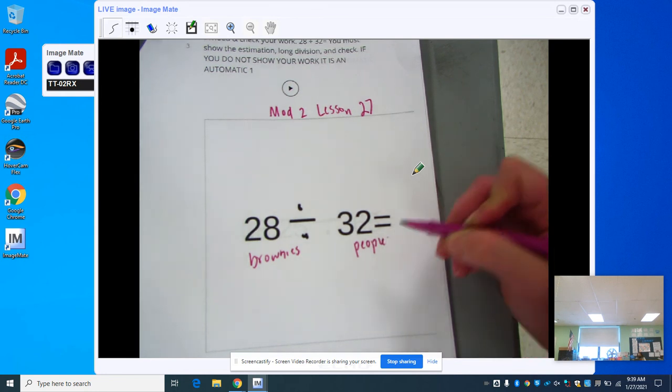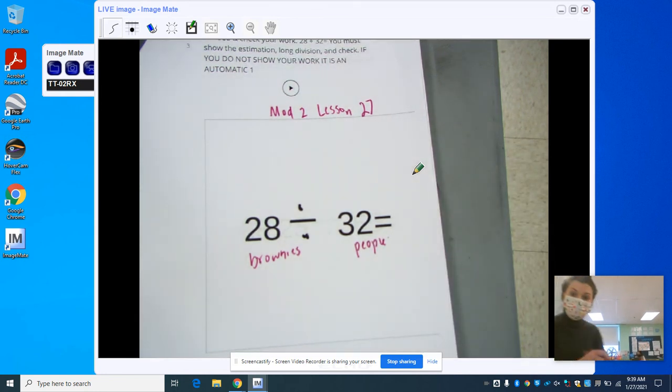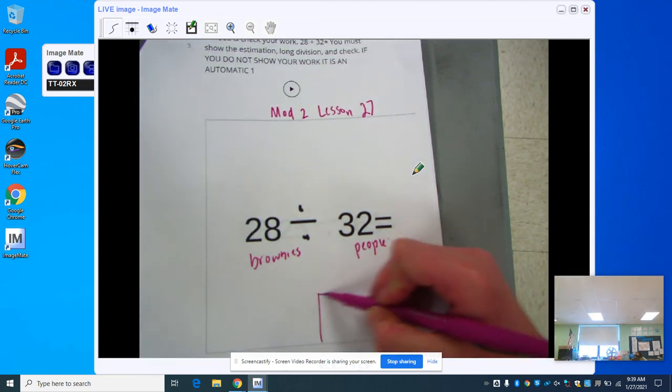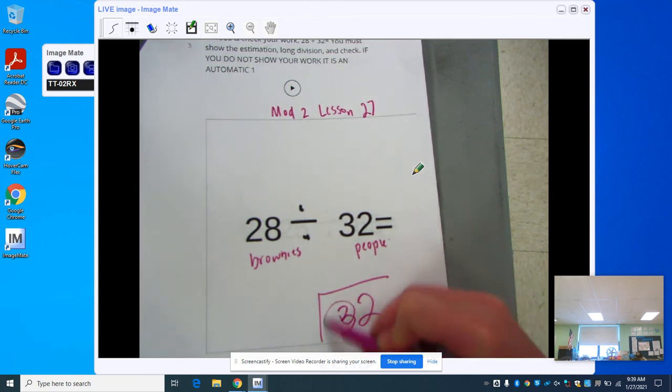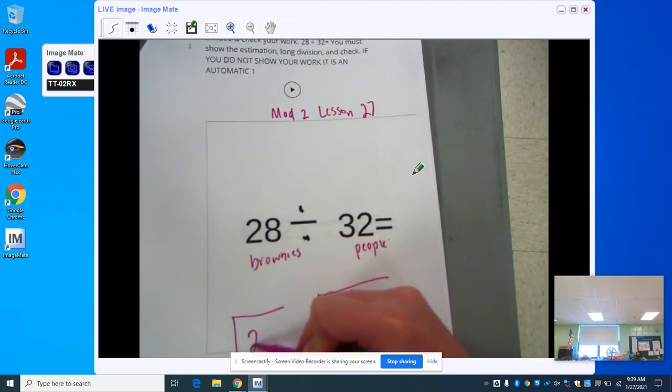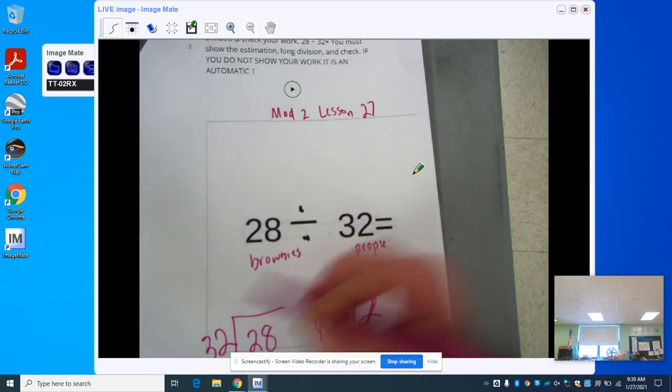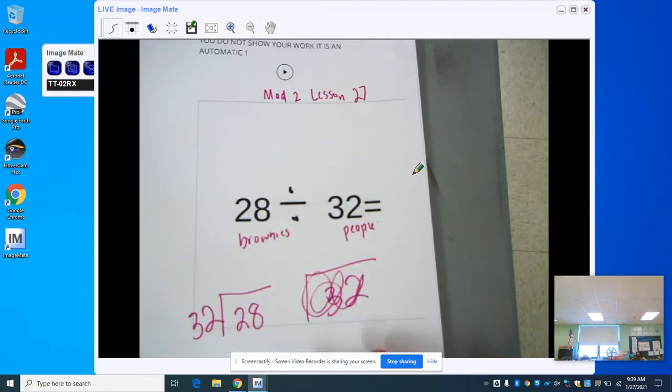Oh my gosh, I can't split 28 evenly between 32 people. I know my answer is going to be a decimal. Make sure you show your work by estimating, using a helping number, long dividing, and doing a check. 28 goes on the inside, 32 goes on the outside.